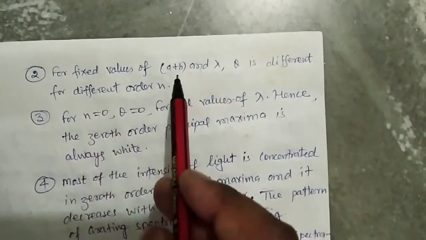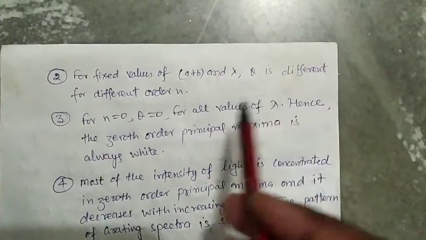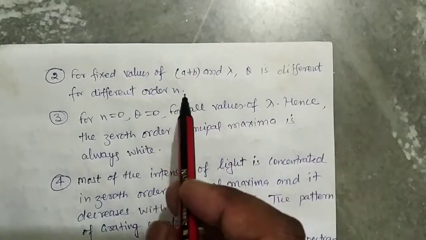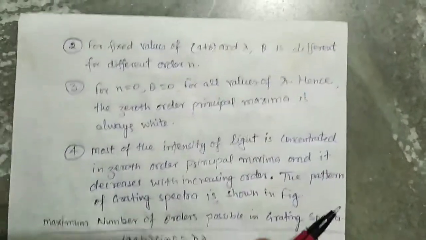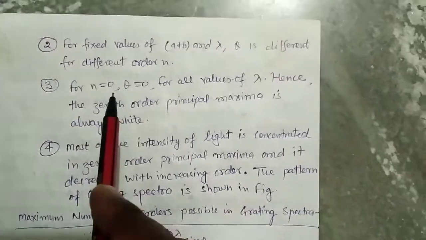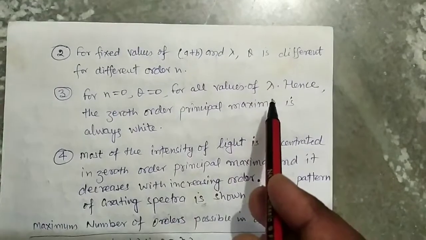Number 2, for fixed values of a plus b and lambda, theta is different for different order n. So from the same equation we conclude this. Number 3, for n equal to 0, from the same equation, theta is equal to 0 for all values of lambda.